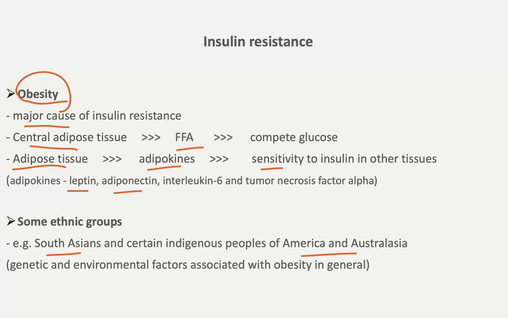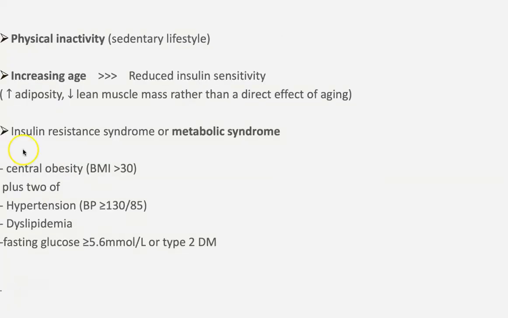It may be related to genetic and environmental factors associated with increased obesity in general. Following these, another risk factor is physical inactivity or a sedentary lifestyle. I think it is a modifiable risk factor, because by doing regular physical exercise, we can overcome it.